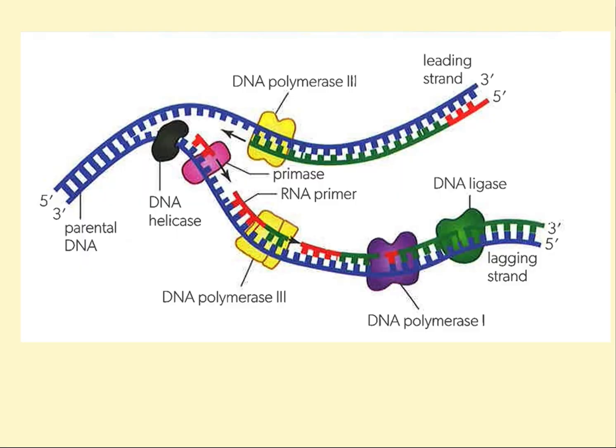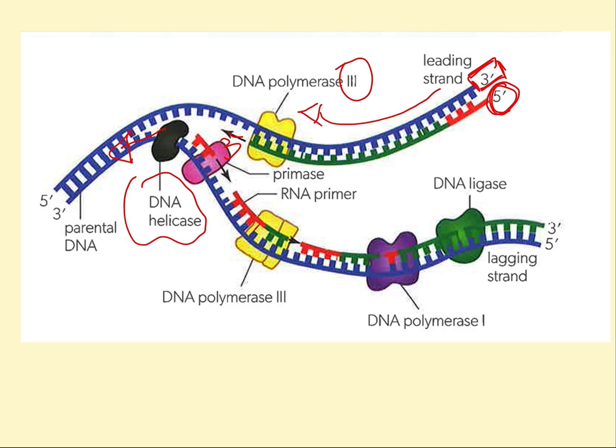Hope you got it. So here is a summary of all the enzymes. Okay, here is our DNA helicase unwinding our DNA double helix, and here is DNA polymerase 3 adding nucleotides in the 5' to 3' direction, but starting at the 3' end. This is our leading strand going continuously without stoppage, and here is our lagging strand going discontinuously.